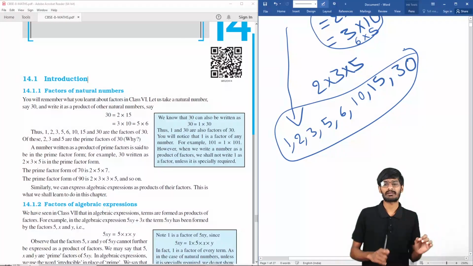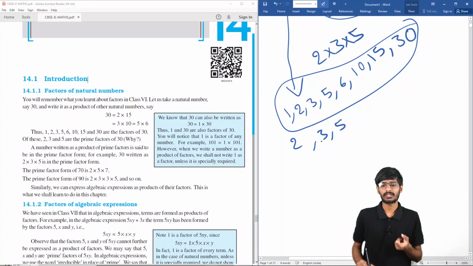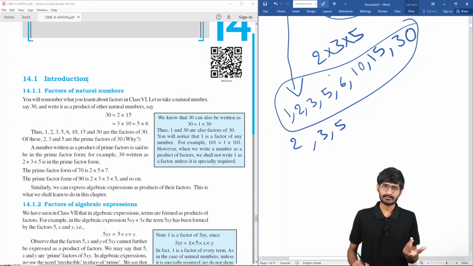So for a natural number, we can find the factors in this way. All these are called the factors. Out of all these, how many prime numbers are there? If you look, there are only 2, 3, 5. Only 2, 3 and 5 are the prime numbers out of all these numbers.